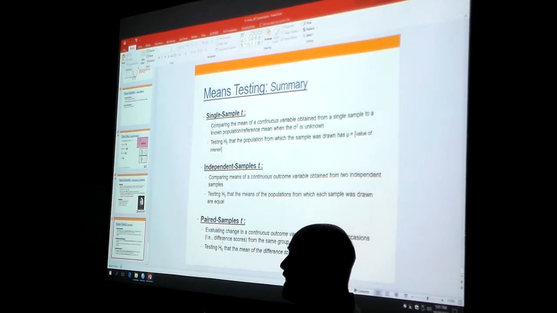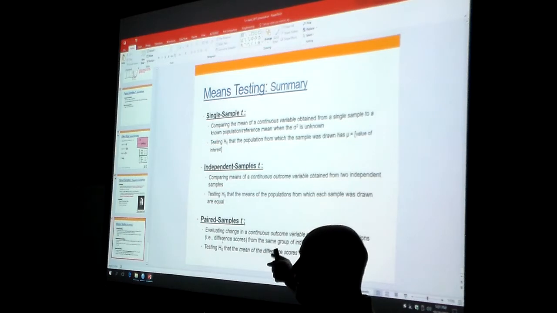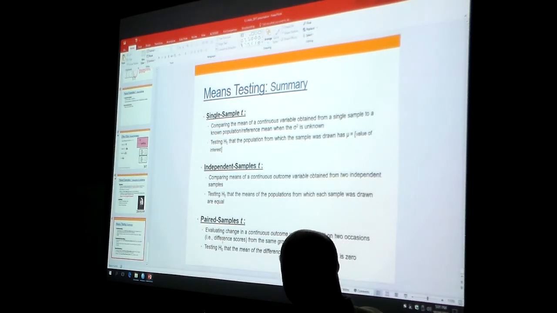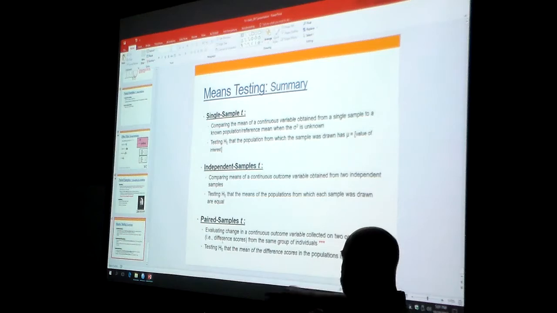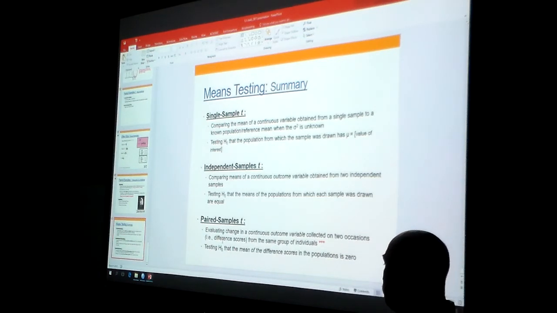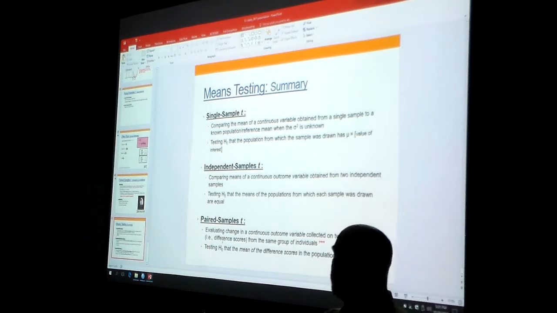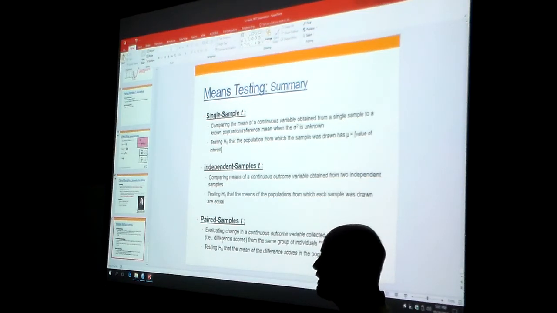For the independent sample T, we were looking at the difference between samples drawn from two separate populations, to see if they're different on some continuous outcome. And then our paired sample looks at a continuous outcome collected on two different occasions from the same group of individuals, with the exception of matched pair situations. And again, for our paired sample test, our unit of interest is that difference score.